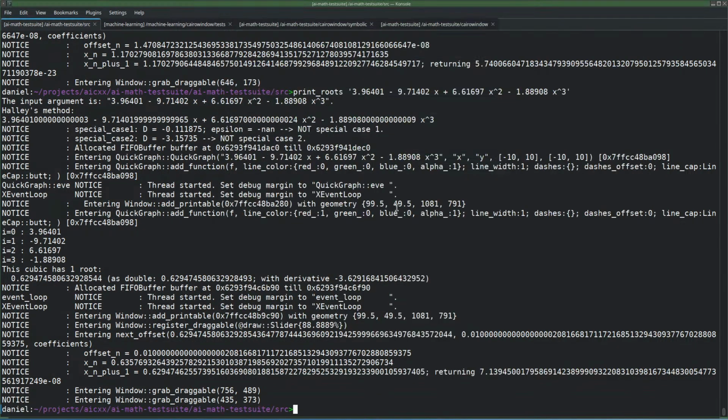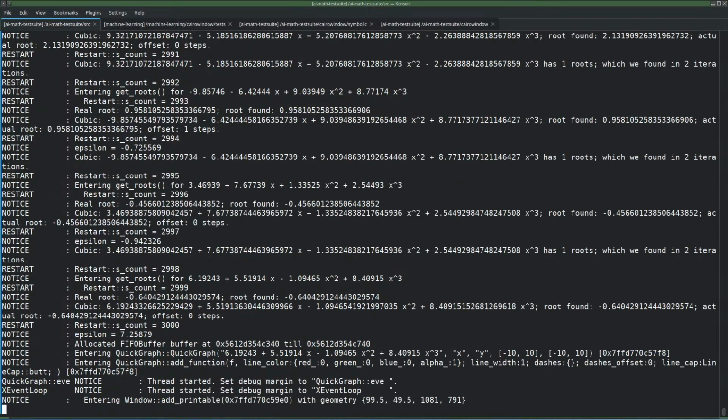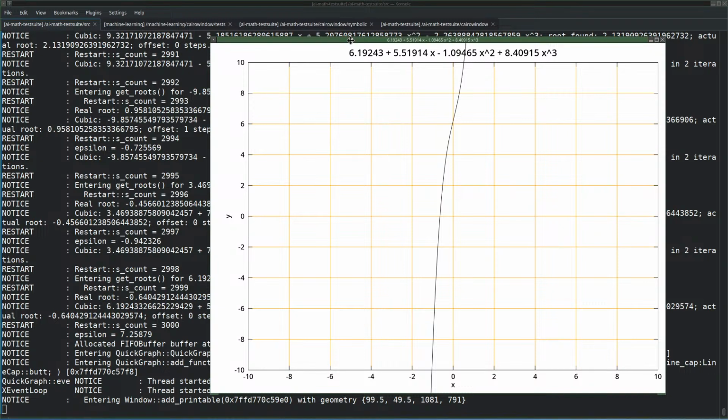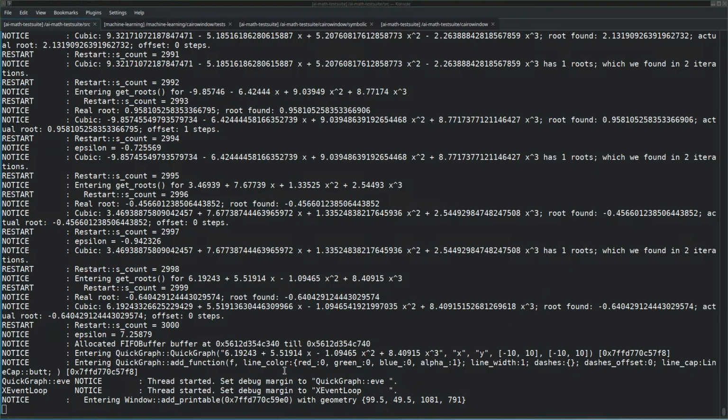But let's do another one. Oh, what is this? This cubic has problems. It's just going steep through the root. So why would this cubic have problems? Let's investigate.